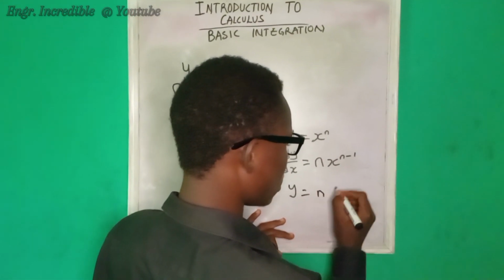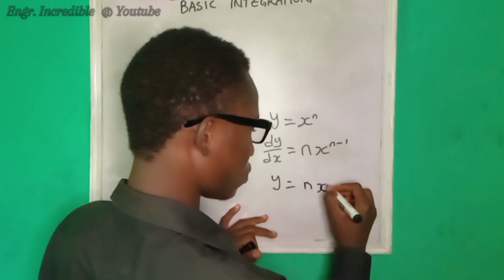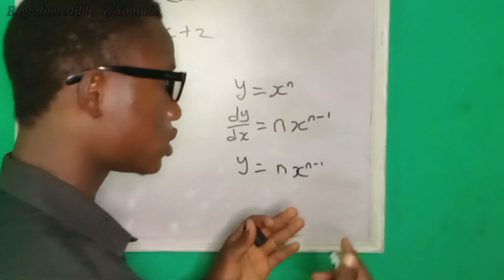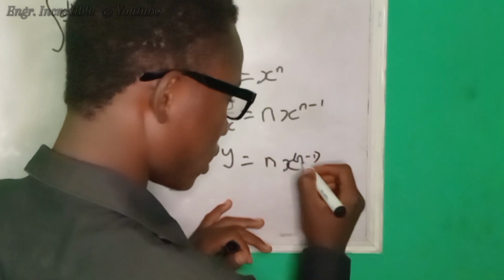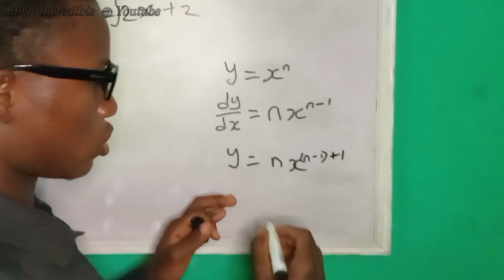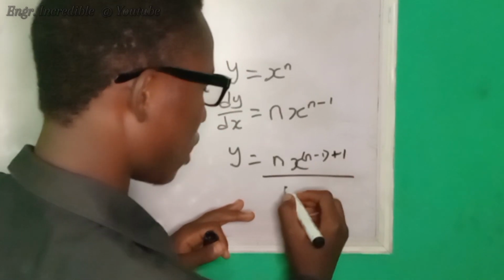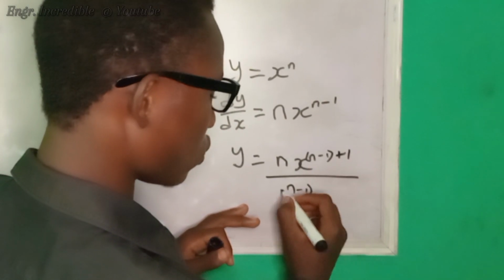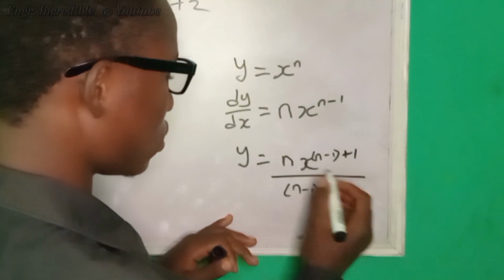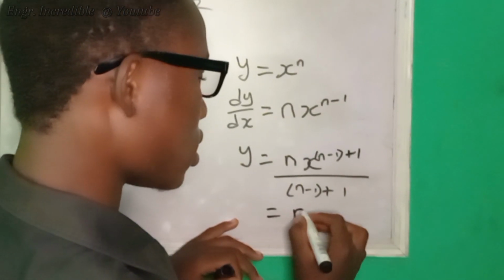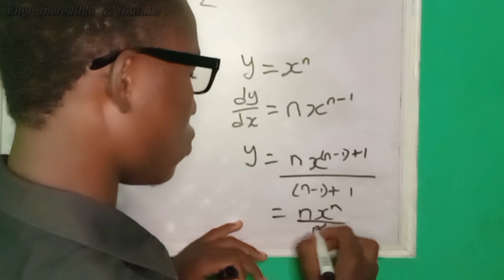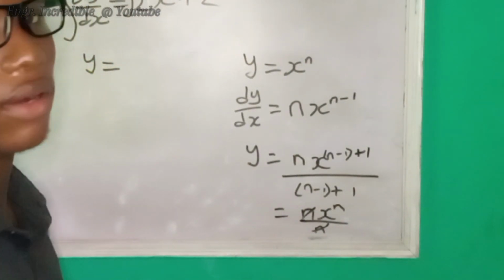We have x raised to power n minus 1, then we add plus 1 to it. Then divide everything by whatever that power was plus 1. Everything here is going to end up giving us something like n times x raised to power n all over n, where n cancels n, and we finally have our y back.